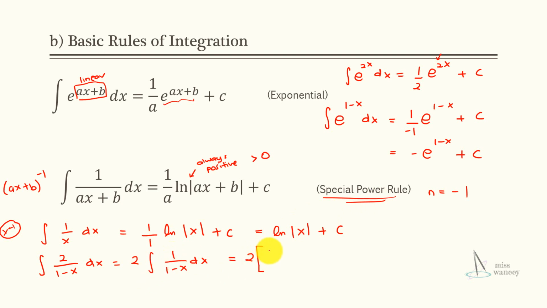So 1 over, the coefficient of x over here is -1, ln, so whatever we have below here, ln of 1 minus x, and then plus c. Simplify them a little bit, so 1 over -1 is -1 times 2, so this is -2 ln 1 minus x plus c.